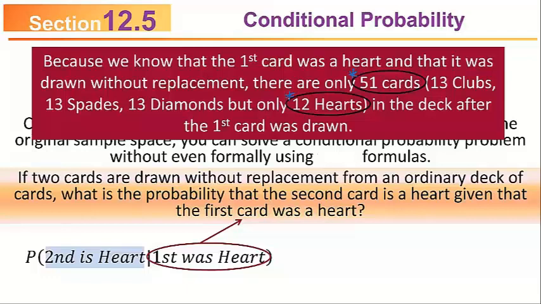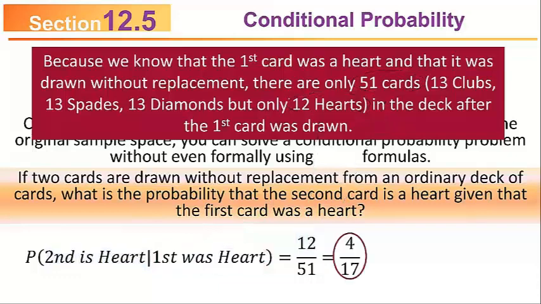So now the probability of that second card being a heart is simply 12 out of 51. Knowing that the first card was a heart and that it wasn't replaced reduced the sample space down to 51 cards, 12 of them being hearts. Simple if you know how to think about it. And if you want to reduce that to 4/17, you can.